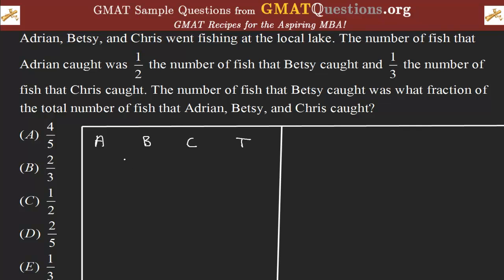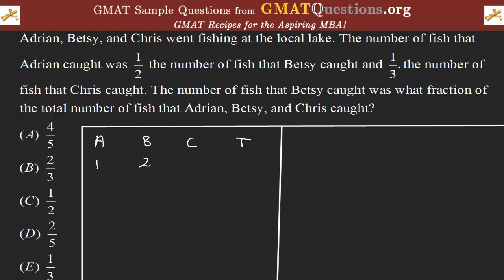So we're told that the number of fish that Adrian caught was 1/2 the number of fish that Betsy caught. So all you have to do here is write 1 under Adrian and 2 under Betsy. We're also told that Adrian caught 1/3.